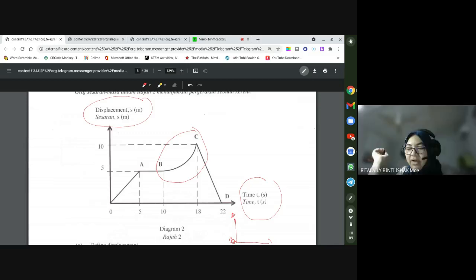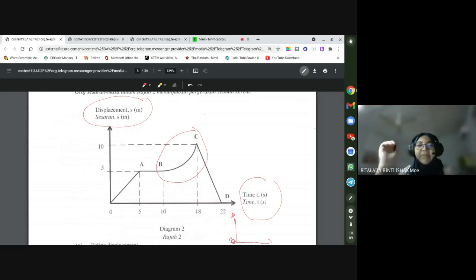Constant acceleration. Okay, kita ada uniform velocity. Kita ada constant acceleration. Ada yang kata moving to the right. Ada apa-apa lagi tak? Semua setuju? 3 je pilihan. Ada lain tak? Okay.